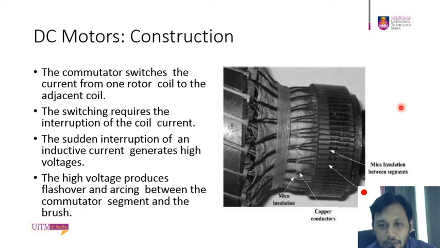The commutator switches the current from one rotor coil to the adjacent coil, and the switching requires the interruption of the coil current. The sudden interruption of an inductive current generates high voltages, and the high voltage produces flashovers and arcing between the commutator segment and the brush.